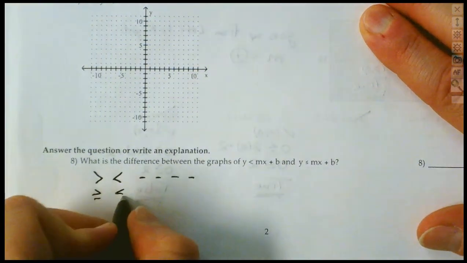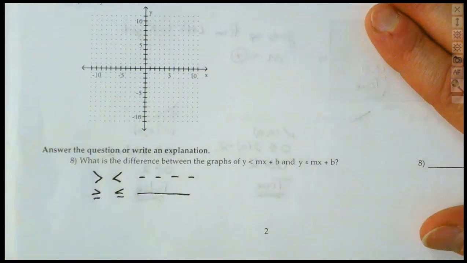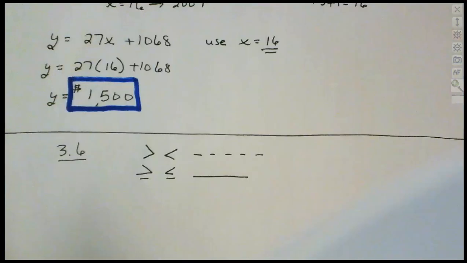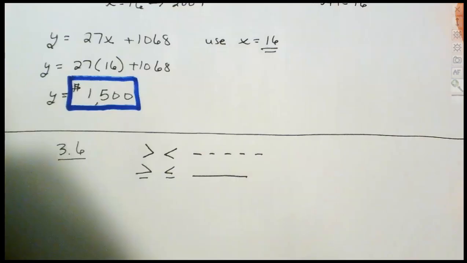Greater than or equal to, less than or equal to, well, those are going to be represented with a solid line. So all I want you to tell me is that one gets a solid line and one of them gets a dotted line. If you want to write it out in words, you can. If you put on here your inequality symbols and the lines, that would be okay too. My thing is I want you to understand what those symbols mean and which one gets a solid line and which one gets the dotted line. And that's the only difference between them. When we go to graph them, one gets a solid and one gets a dotted line. Okay, so that's all I was looking for on question 8.